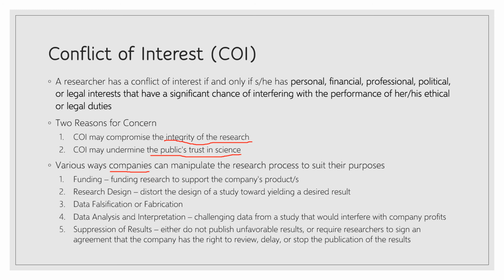So a few ways that massive companies who fund research might manipulate the research process. One is simply funding: putting money out there to fund research that's only going to support the company's bottom line or end product. If the product is milk, they're definitely going to publish research that suggests that bovine milk is necessary for the human animal.